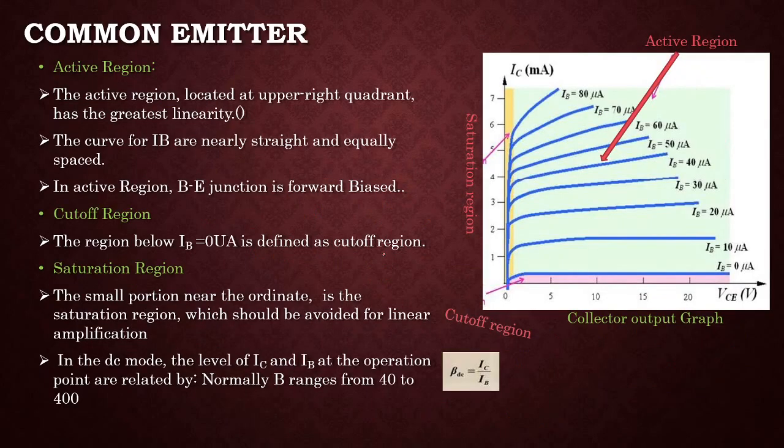We will observe. If you observe in this graph, the output characteristics has been plotted with VCE versus IC. IC is measured in milli and IB will be measured in micro. So in order to study the output characteristics, IB should be kept constant.